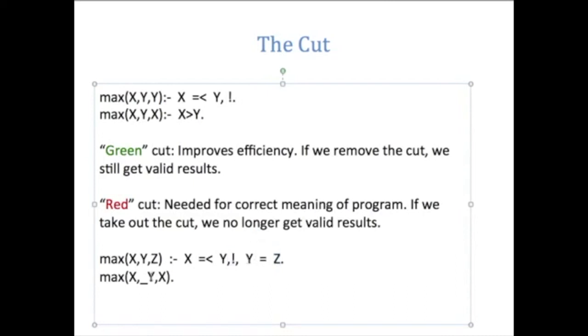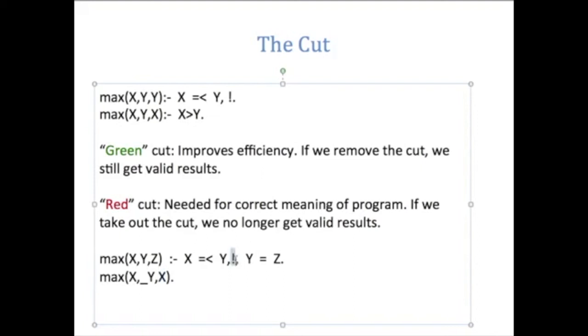And this cut is here so that if it's not true and we backtrack, then this one won't succeed. And in fact, if this one fails because x is greater than y, then x must be the maximum.